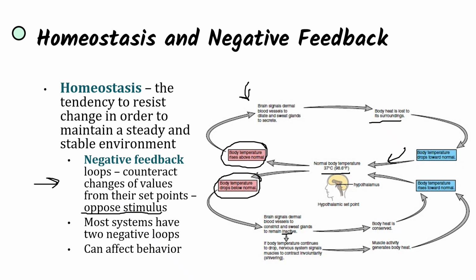So body heat becomes conserved, the muscle activity generates body heat because you're moving around, and the body temperature rises toward normal. And of course, this can also affect behaviors that are not involuntary, such as when you're cold, you can also feel hungry often because when you eat, that means your body is starting to work and it's burning fuel and producing heat for itself through metabolic processes.